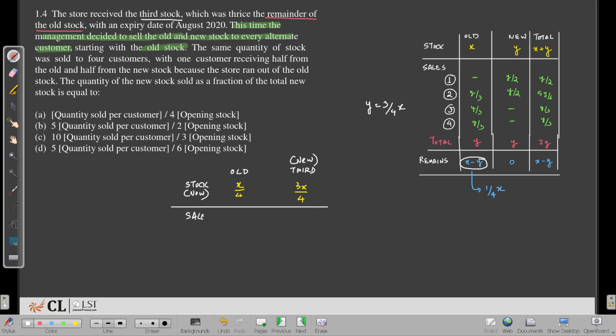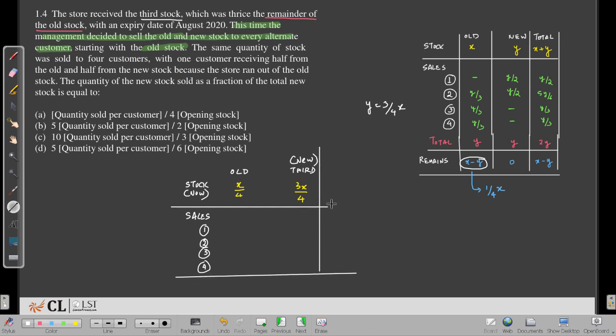The same logic: the same quantity of stock was sold to the four customers. We have customer number one, customer number two, customer number three, customer number four, and what is given here, ladies and gentlemen, is the same quantity.